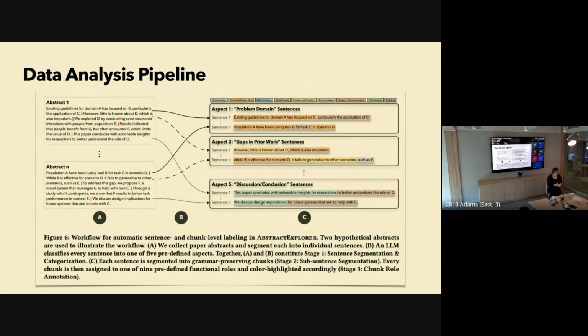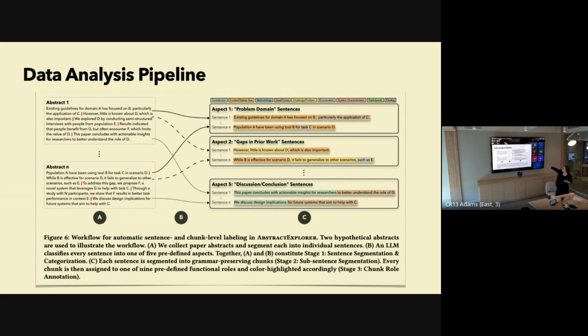So we took each abstract from the previous Chi, segmented it by sentence, and then classified those sentences into different aspects. You could almost think of it as enabling a faceted browsing of the abstract.